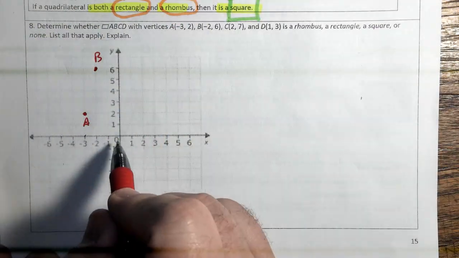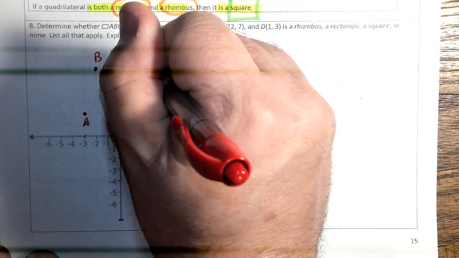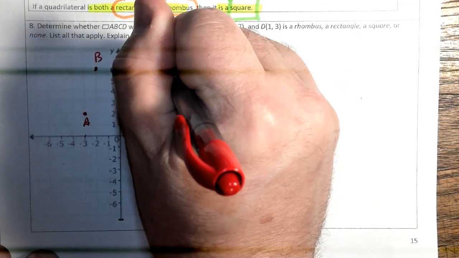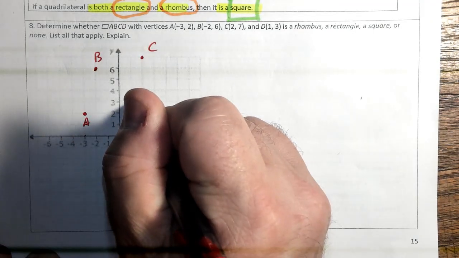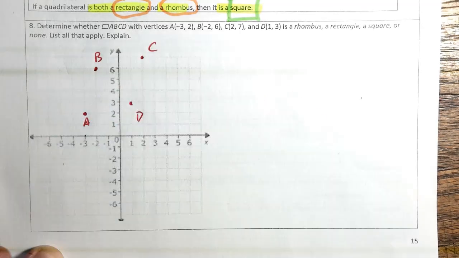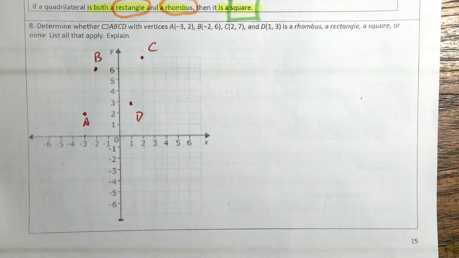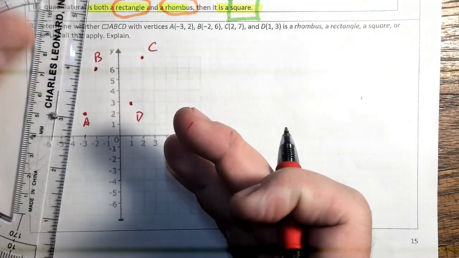C is +2, +7. And D is 1, +3. All right, let's get a compass here.